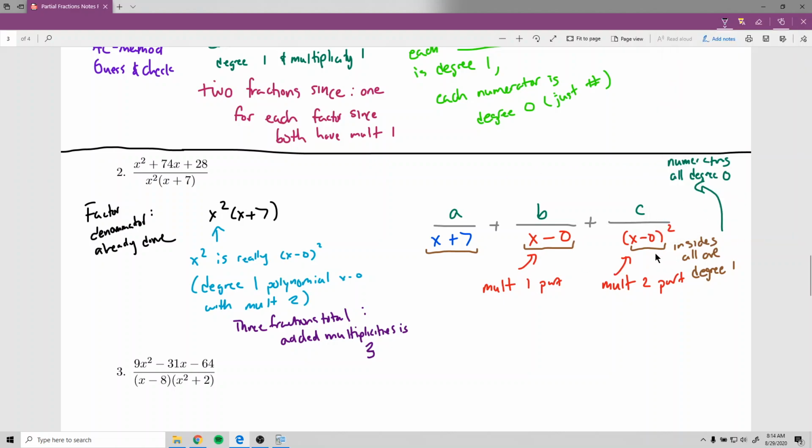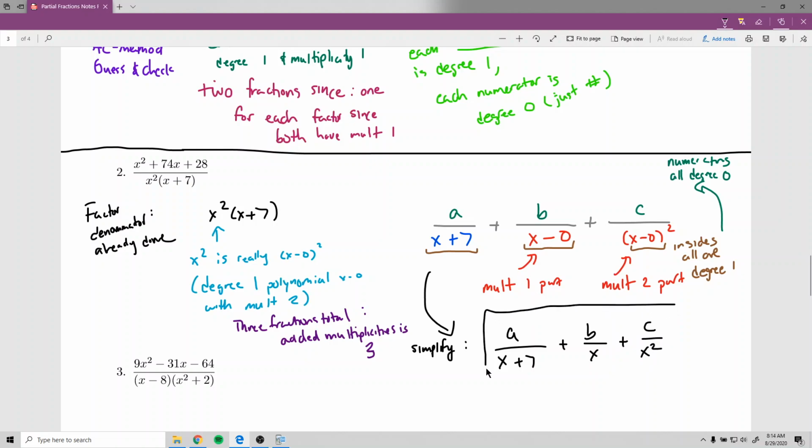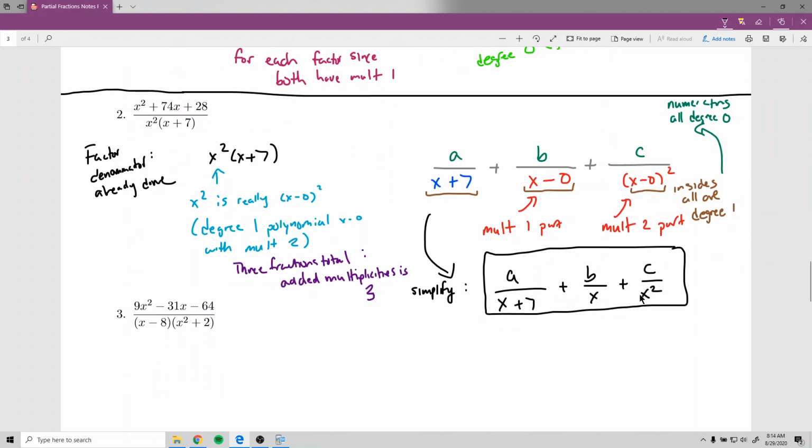Now, normally I wouldn't write the x minus 0 because it makes it more complicated looking when you go to try to solve it. So I'm just going to simplify the x minus 0s to x. But this is the setup here. Okay. But once again, if you have a repeated multiplicity, which basically means if you have a power on the outside of a factor, and x squared is really the weird looking example.